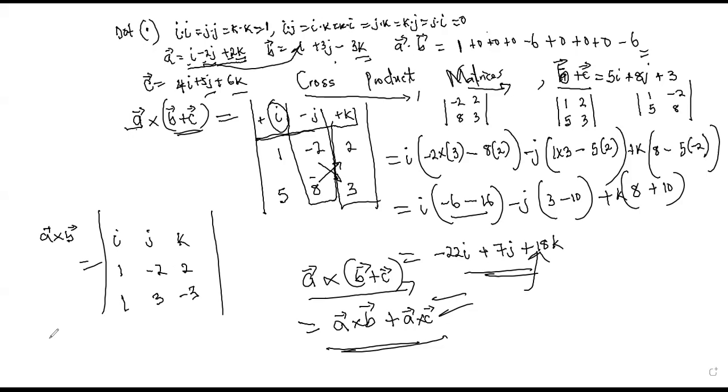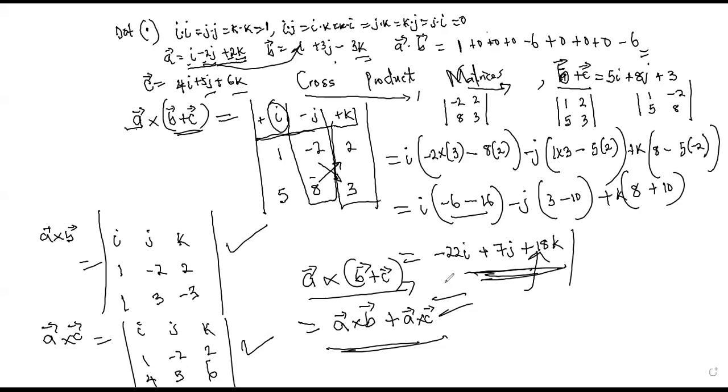If you take the determinant and then add it with A cross C, now A cross C should look like this. 1, minus 2 and 2, then C. Where is that vector C? Look at it over here. If you do it, 4, 5, and 6. So if you do this determinant, you get the value. Do this and get the value. Add them together, you should get this. Just you're going to get this automatically.